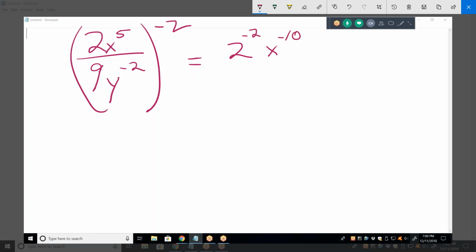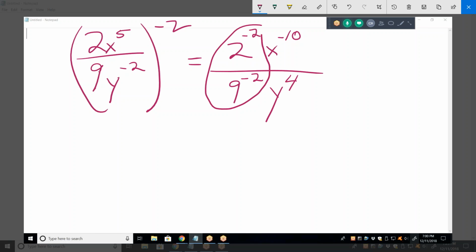With me? Yeah. Now give me the denominator. So that would be 9 to the negative 2, y to the positive 4. Okay. Now let's simplify. What can we do with those two things right there?